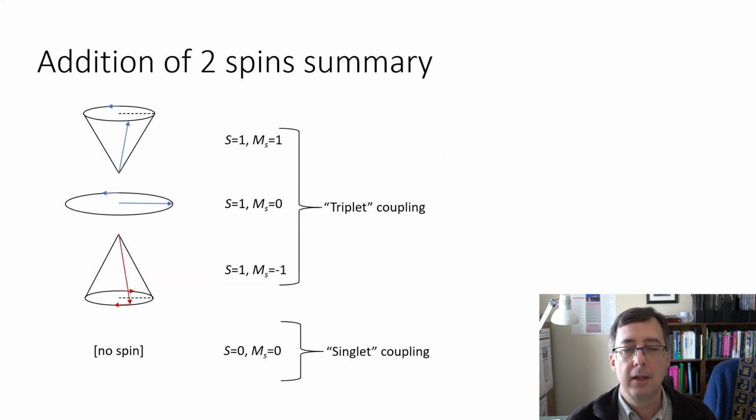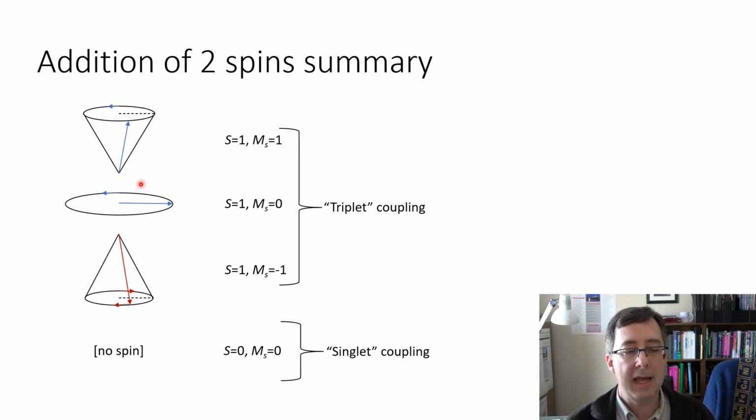So let me summarize what my final spin angular momentum can be after I add these two spins for two electrons. They could both add constructively and both point up, and that gives me this one. They could both add constructively and both point down, and that gives me this one.